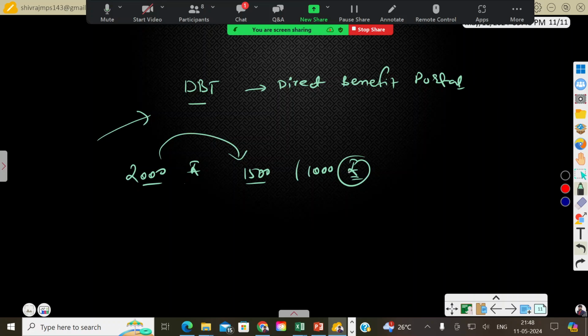Then within their defined period, they'll process benefits to you, and you don't need to pay any commissions to anyone. It's a transparent process. But in the past, we had no such system in place.